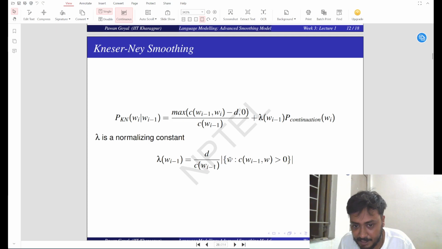That is what this part means, and that is what you have to find here. So D divided by count of Wi minus 1 into the number of unique bigrams that start with Wi minus 1.